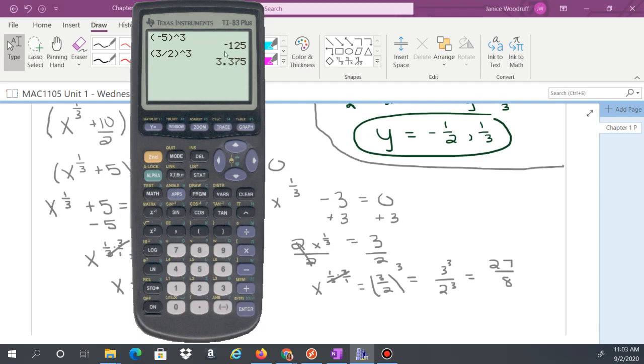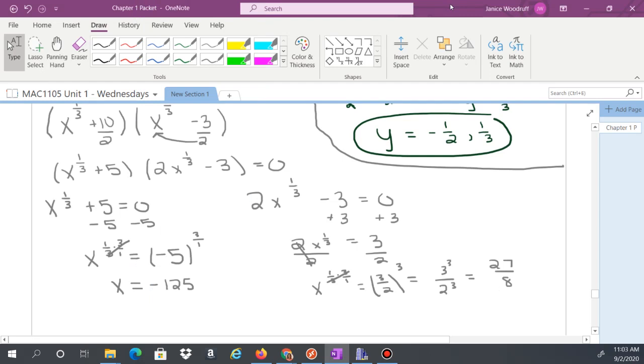You can convert this to a fraction in this calculator. Hit the button that says math. That's convert to fraction. That's what the first one is. So enter, enter. Your calculator will convert your fractions for you, which will save you a lot of time.